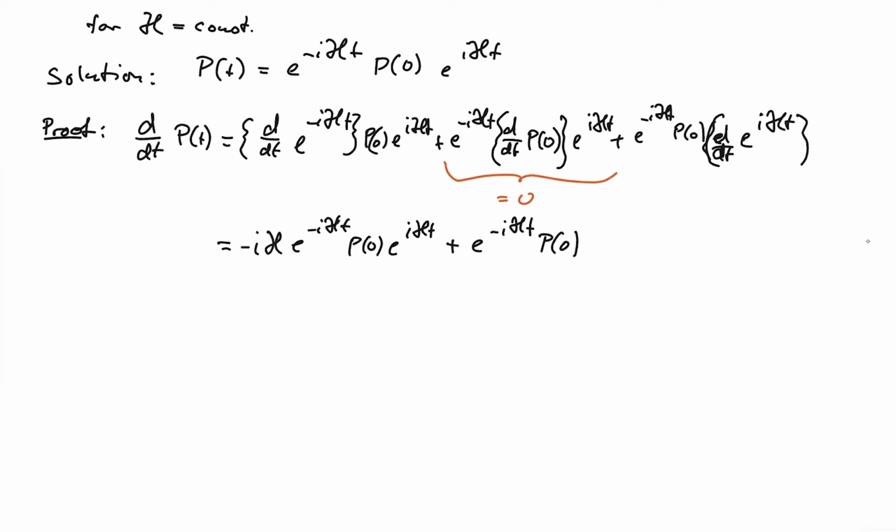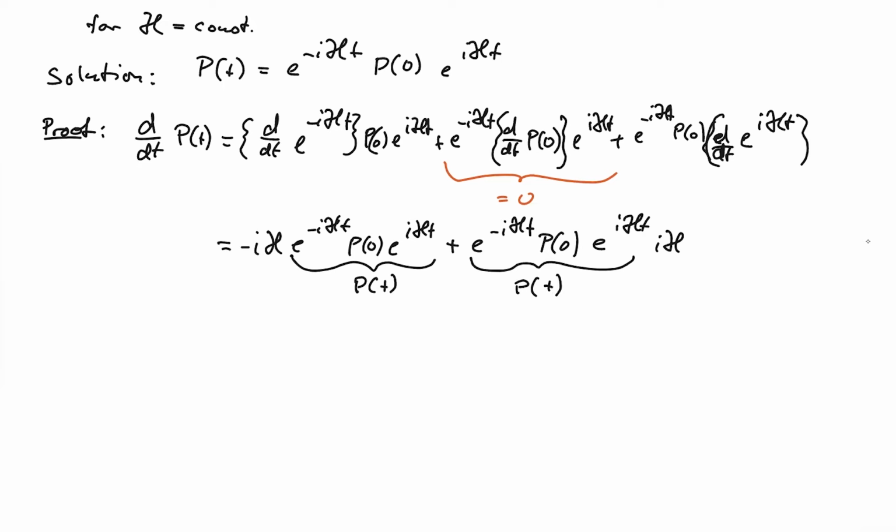But I write first e to the iHt times iH, using here the theorem that the matrix exponential of a matrix H has the same eigenvectors as the matrix itself. We can actually change the order of the two terms. So, and when we do this, then we simply see this is again P of t, this as well.